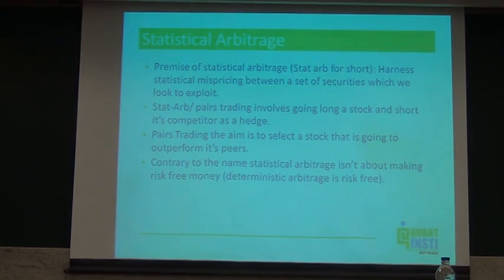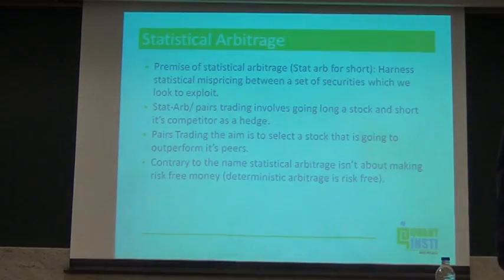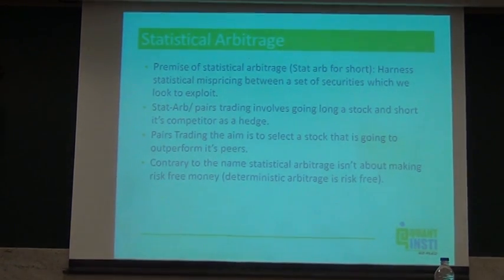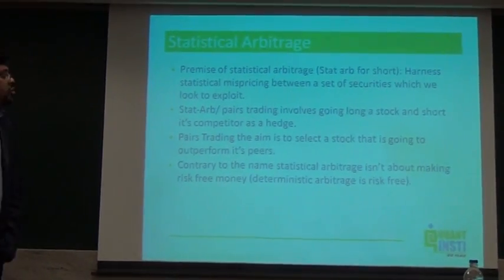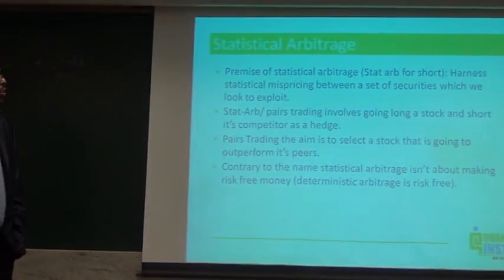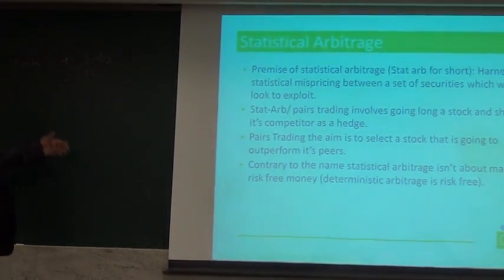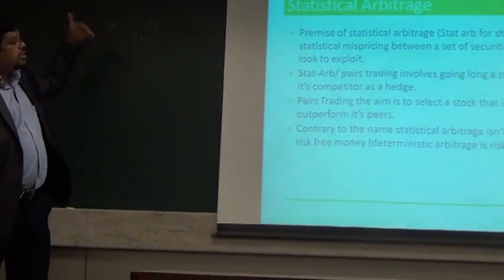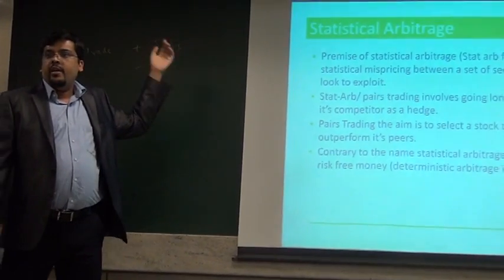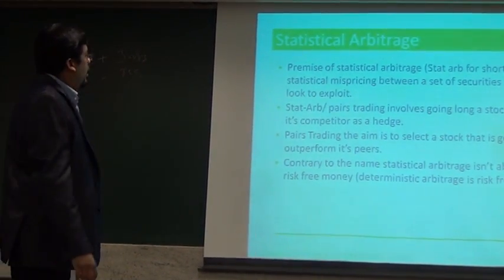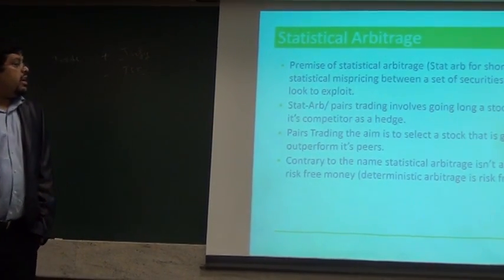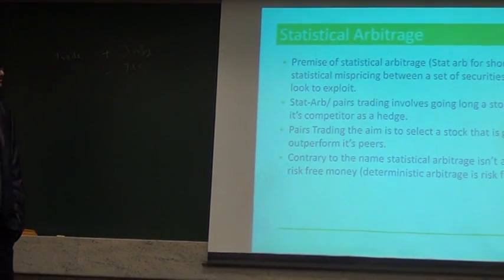Our trade typically would be buying Infosys and shorting TCS. Why? In pair trading, the aim is to select a stock that is going to outperform its peers. So we can say that Infosys is going to outperform TCS based on my statistical analysis, hence I am going to trade this. Contrary to the name, statistical arbitrage isn't making risk-free money.